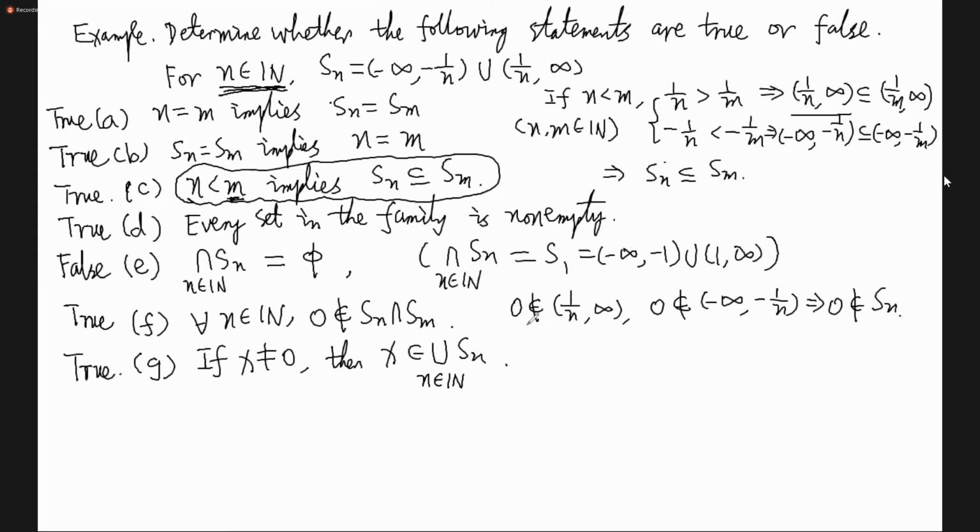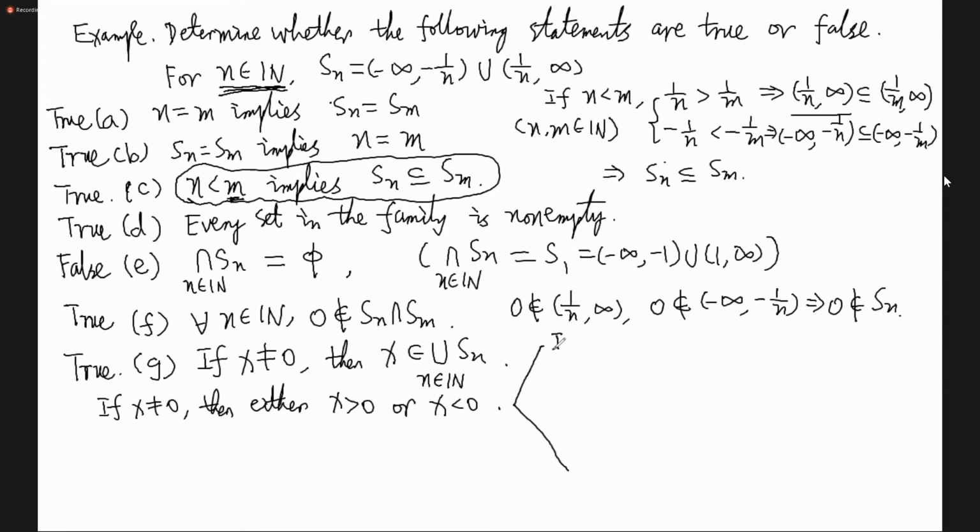All right, so here is the proof. So if x is not equal to 0, then either x is positive or x is negative. So we have two cases. All right, two cases.